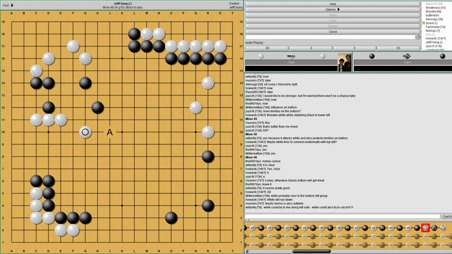And here, I hope you notice white plays this scheme. White plays this scheme, which means if white wants to live on the left side, this scheme has failed. Because here, I hope you notice on the left side, in between C11 and C6, there is a bit of space. If white wanted to live there, white could have lived now. But white came here, which means white doesn't want it.